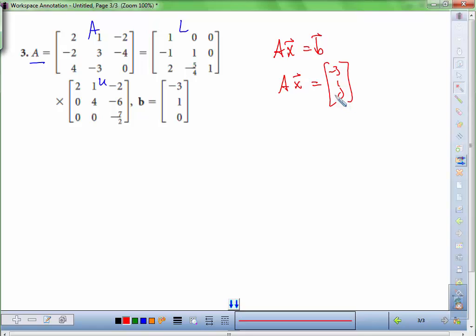They want us to solve for x, and the way we're going to try to solve for x is to take it in 2 steps. Because A is not in any lower or upper triangular form, we're going to write A as L times U.